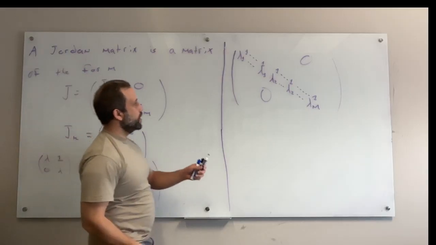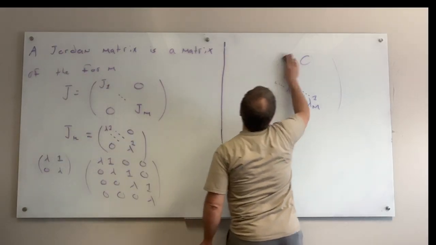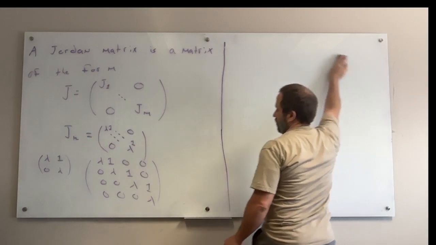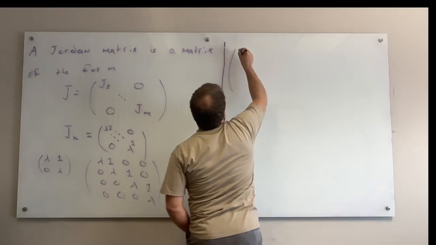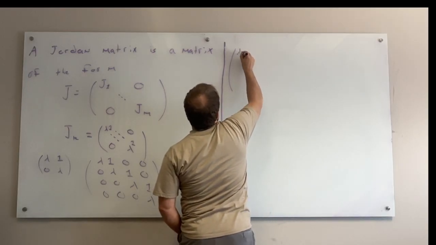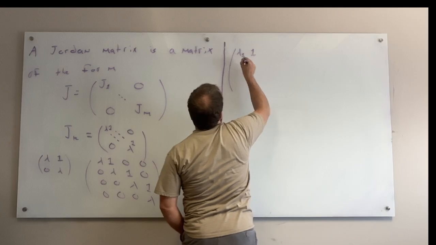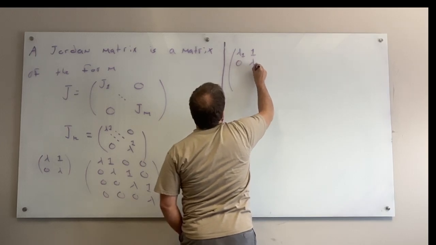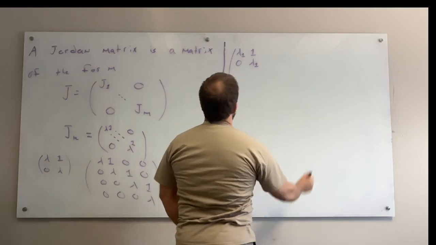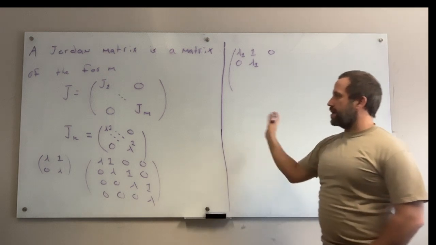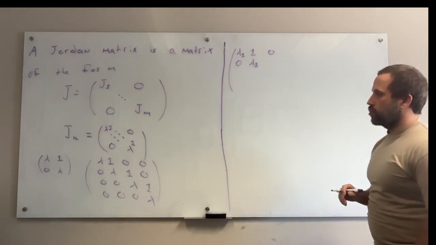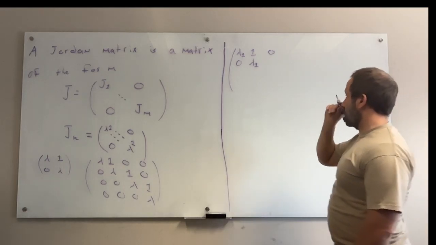Let me give you an example of what a Jordan matrix might look like. Maybe we have a 2 by 2 Jordan block, lambda_1, 1, 0, lambda_1, and a 3 by 3 Jordan block. So we're going to have this.